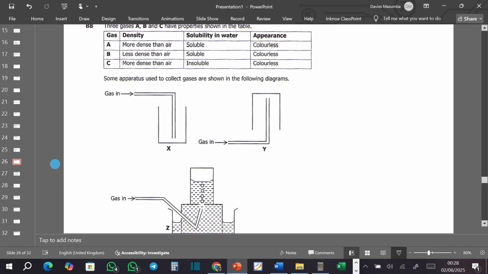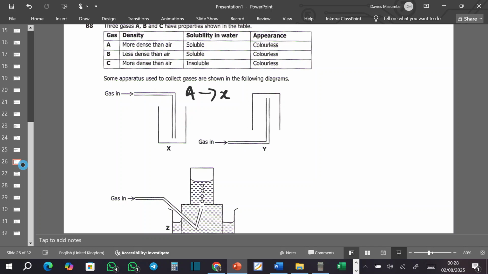Before we go ahead with answering, let's try to analyze this question. Like air, the gas is more dense than air. Which method? In terms of water, it is soluble. Which method can you use? You can use this one here, X. Because it is more dense than air, downward delivery will work.